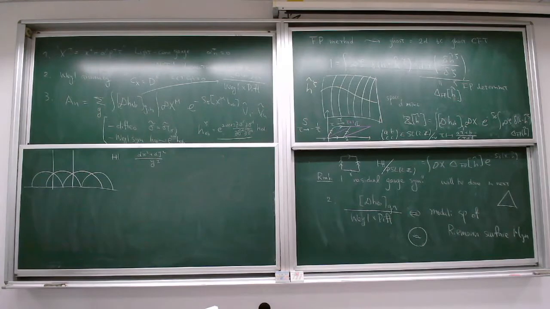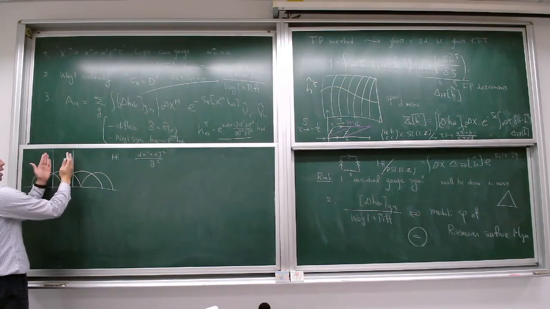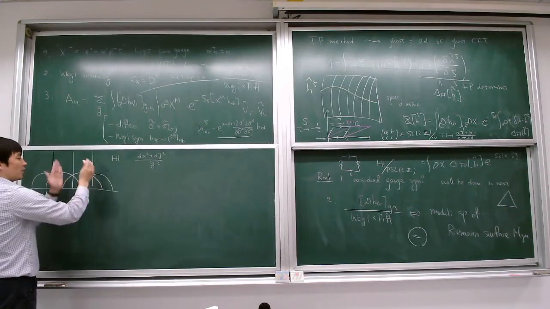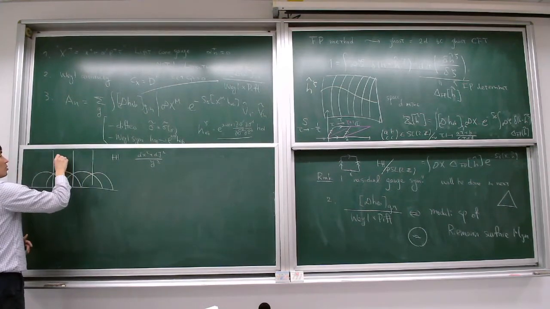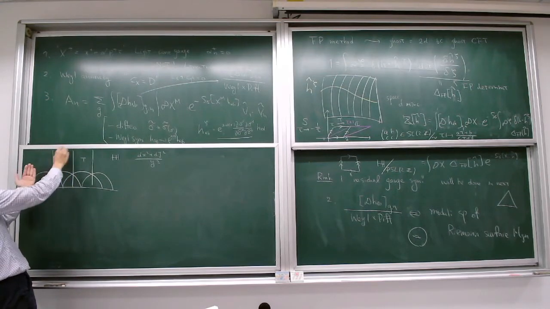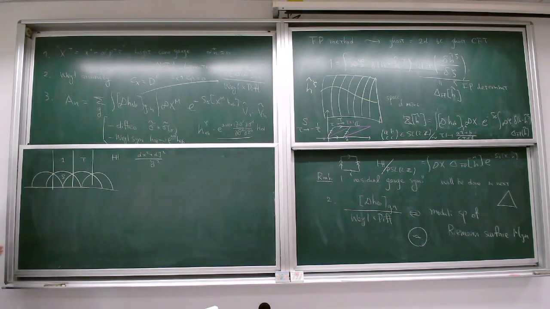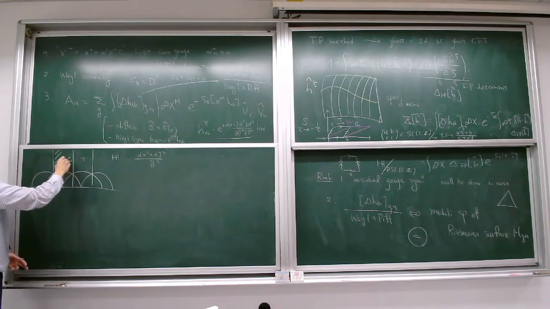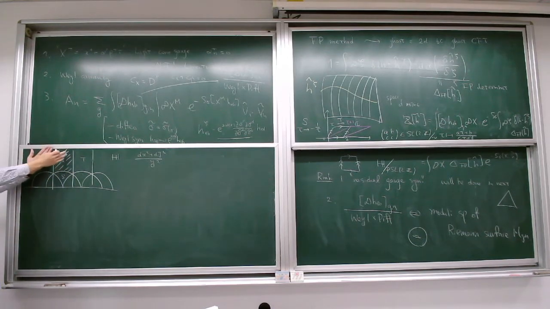So you already know. And then the T transformation just maps this domain to here, and the S transformation maps this domain to here. Do you understand what I mean? So this domain is mapped to this domain by the S transformation.